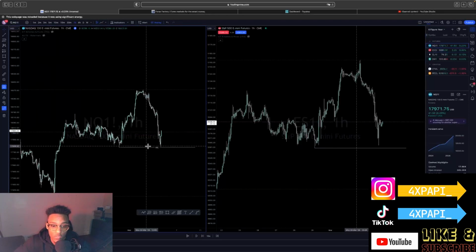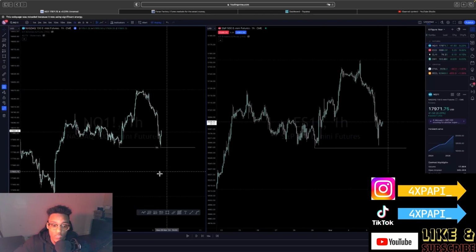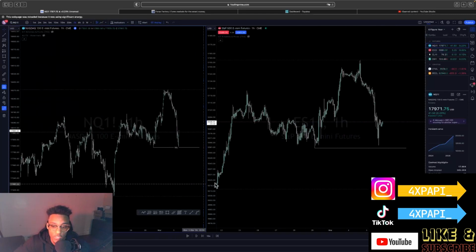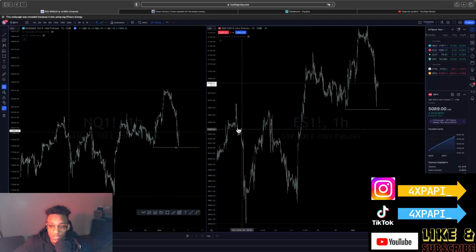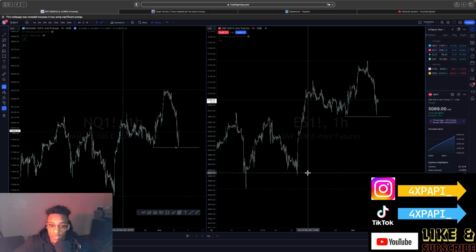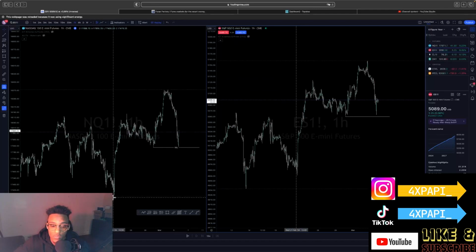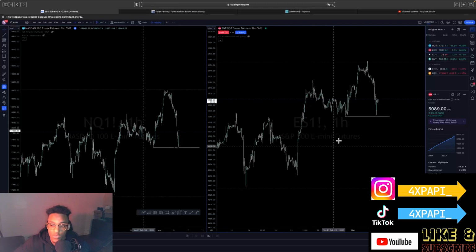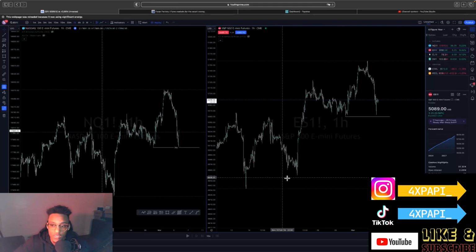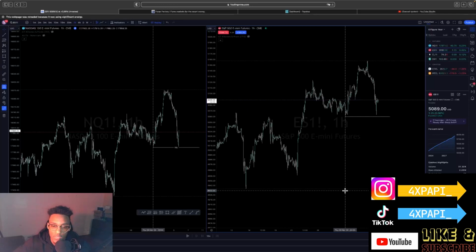If we sweep these lows, we come back up. If we displace through, we have more generated sell side down here as well. And we'll probably take this low on NQ, but will not take it on ES, creating an SMT to possibly go back up. But that's all speculation.